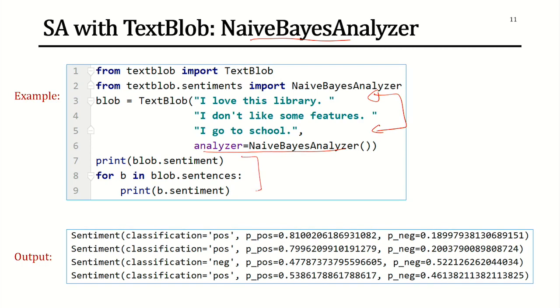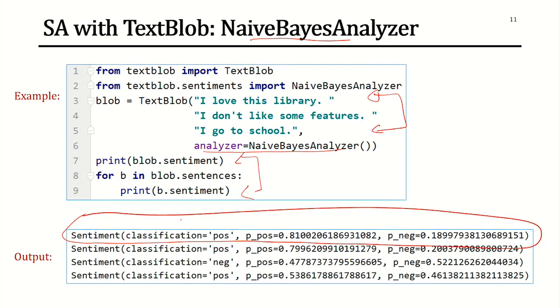And we can also do it the same comparing to the default implementation. But as we can see here, the difference is the output, which from this second implementation, NaiveBayesAnalyzer, we obtain 3 different pieces of information. We have classifications, whether it is positive or negative, and it has the polarity, negative and positive number.